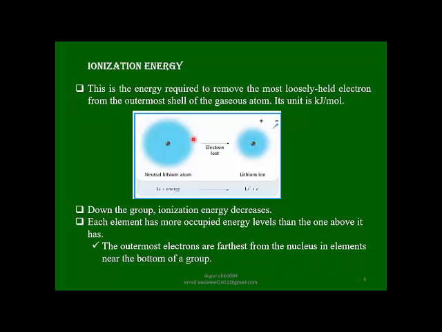So as distance is increasing and more shells are being added, we expect that there is going to be a shielding effect. It's just like somebody that wants to preserve something that is heated. In science, we insulate it. Let us assume that we have only one type of insulator.